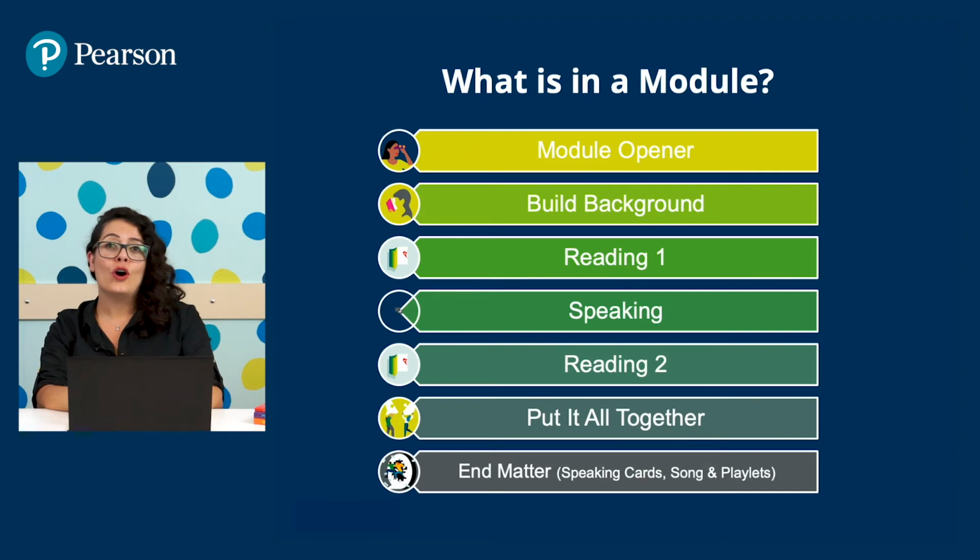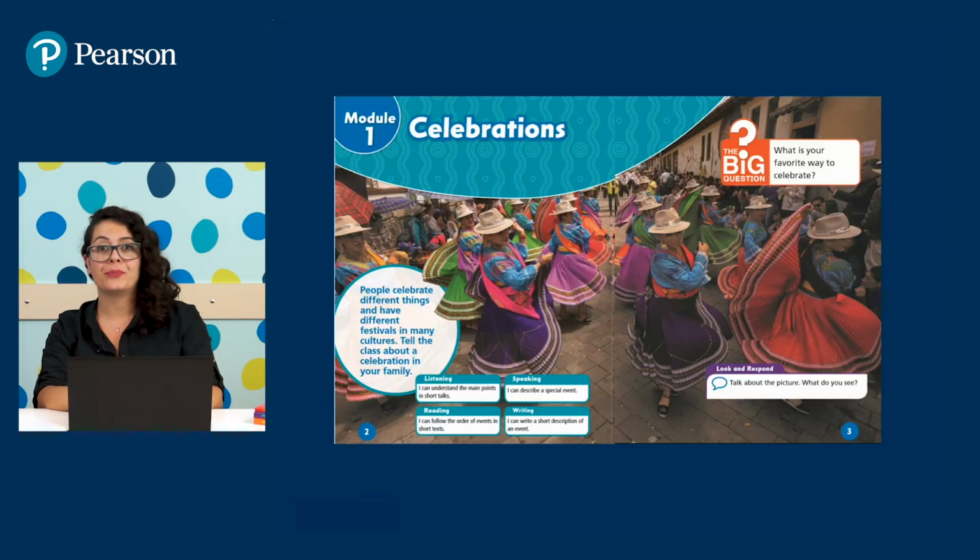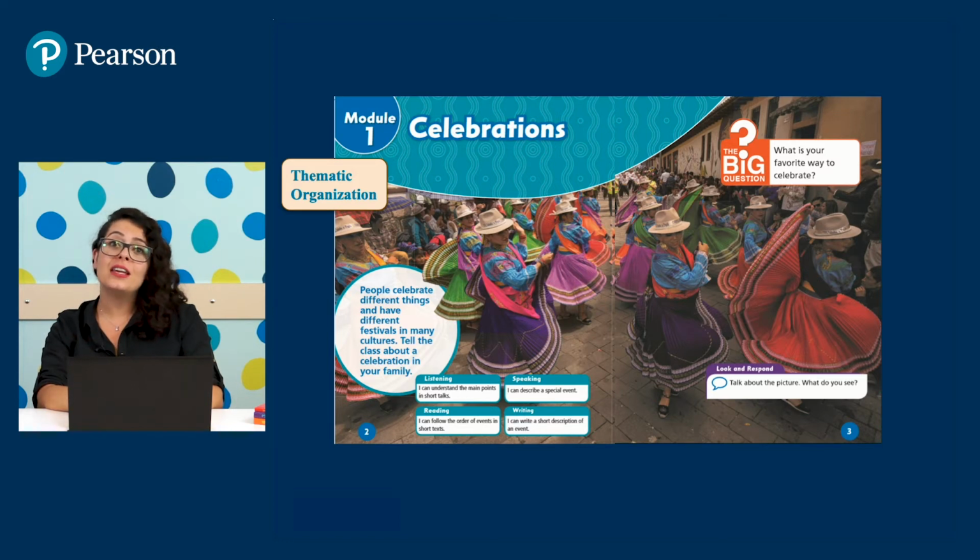Here you can see the regular flow of the main sections in a module, which we will explore in more detail now. Each module focuses on an interesting theme, and the themes are mapped to the core themes of Bahçeşehir College English program.